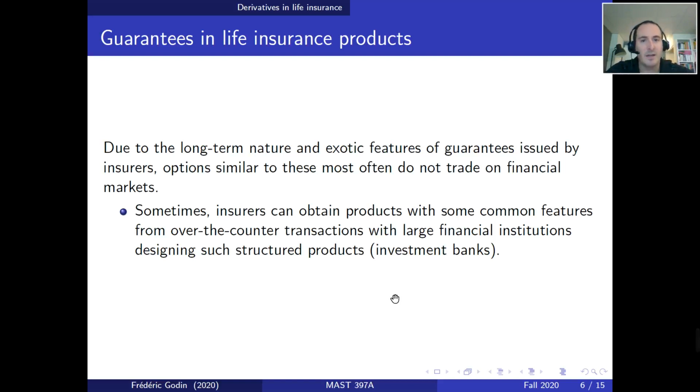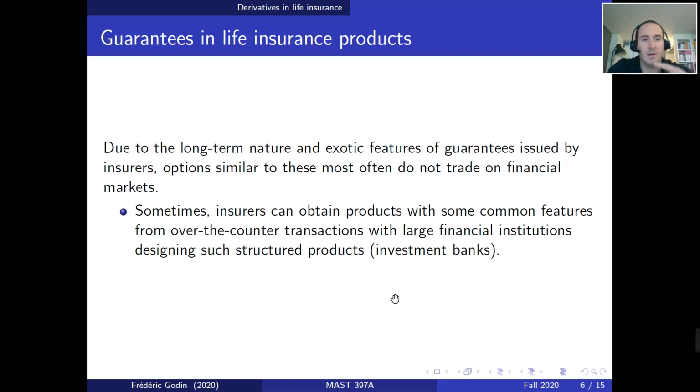So if an insurer would like to purchase these kind of options with very long maturities or with other exotic features, so this I haven't mentioned previously, but sometimes we said that there's a floor on the payments provided to the policyholder, but sometimes this floor evolves through time too.